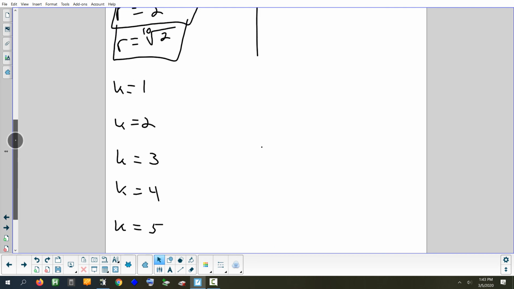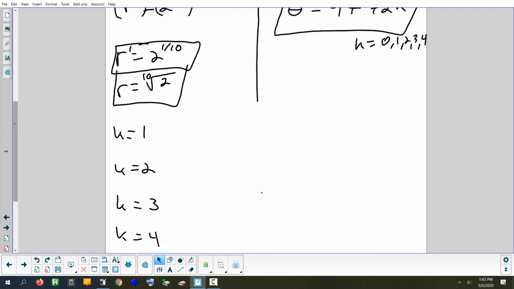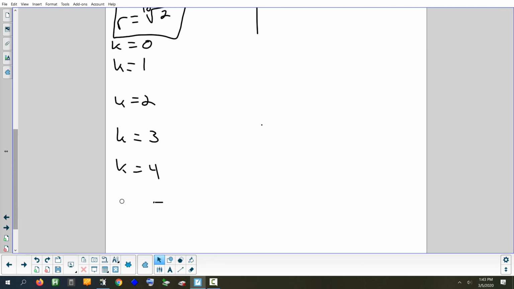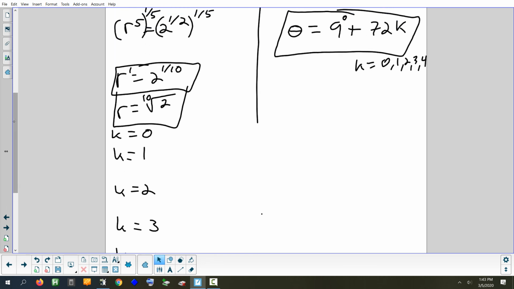So what's your radius for each one? The 10th root of 2.